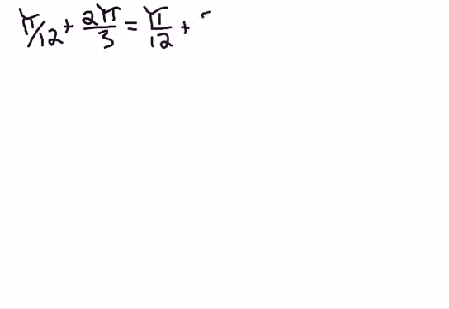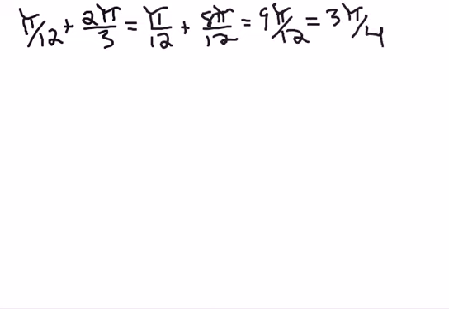I'm going to take pi over 12, my first answer, and add an increment of the period. Remember that you need an LCD here, so I'm going to multiply this by 4 over 4. So I have pi over 12 plus 8 pi over 12, which is 9 pi over 12, which simplifies to 3 pi over 4.